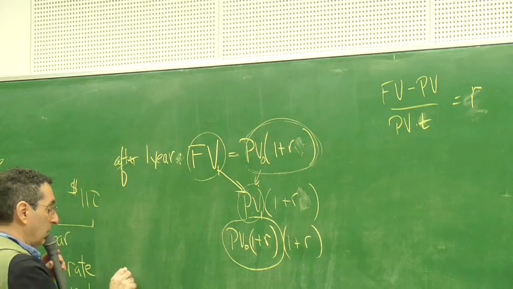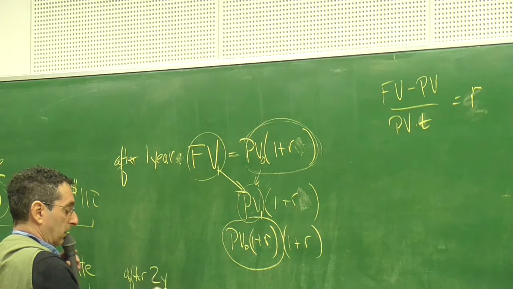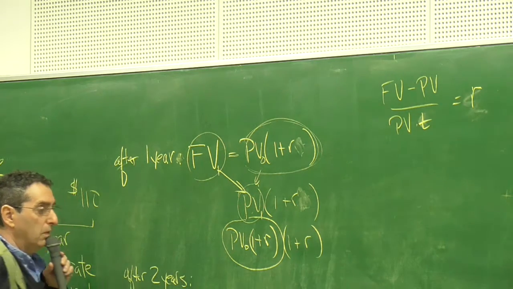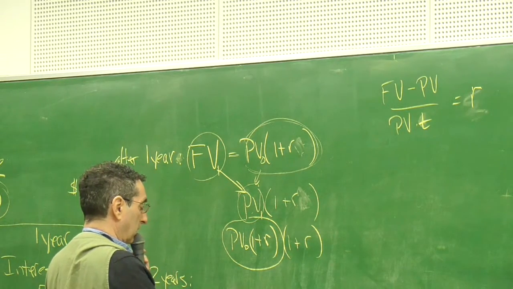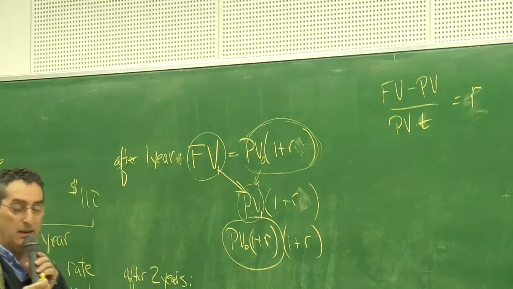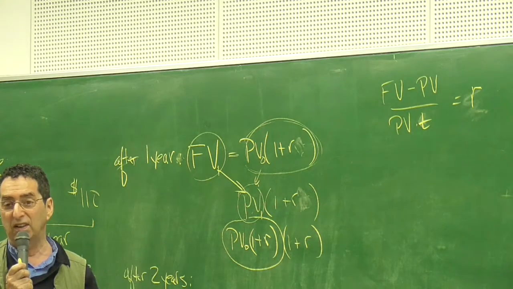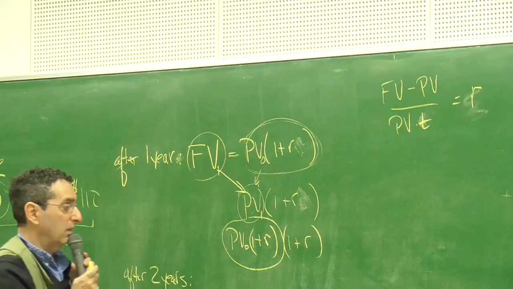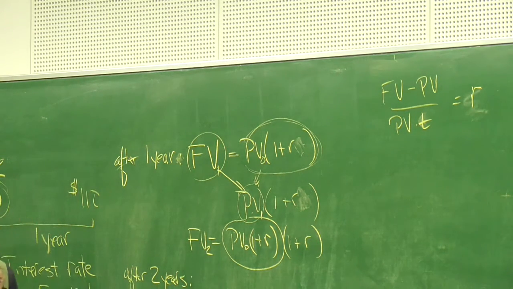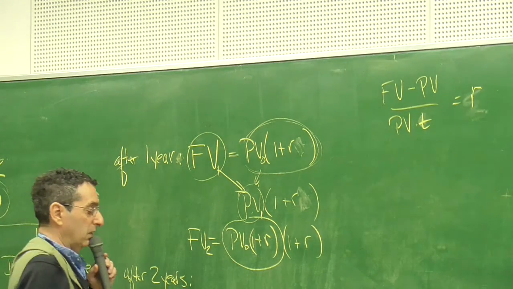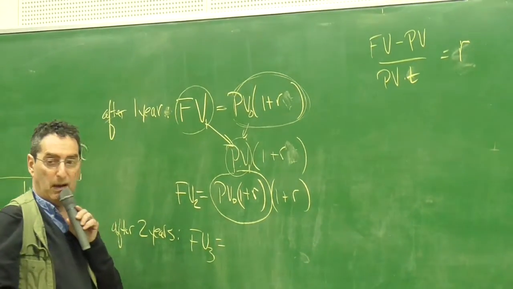And then we can do it after 2 years. So what's that going to be? So in general, it's going to be how much you had at the beginning. That's your new present value, because our present value is changing. So how much you have at the beginning, and what should I call this? FV2, by the way? Okay, whatever we call it. So FV3 is going to be what?